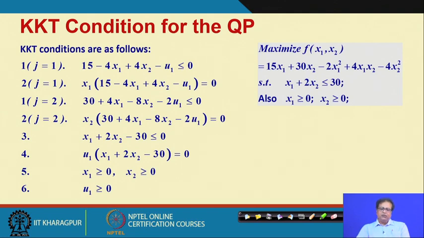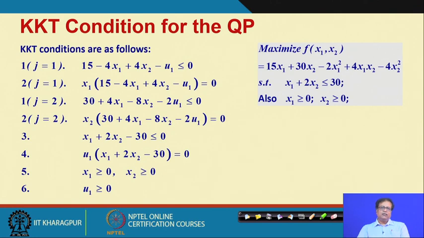Suppose the variable is not greater than equal to 0, the variable is in a slightly different form, again we can change them by suitably modifying the variables. Let us say x 1 is less than equal to 0, then you can take another variable y 1 which is equal to minus x 1.